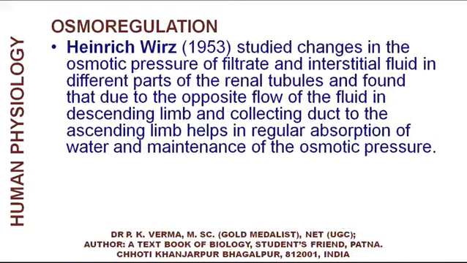Heinrich Wirth in 1953 studied changes in the osmotic pressure of filtrate and interstitial fluid in different parts of the renal tubules and found that the opposite flow of the fluid in the descending limb and collecting duct relative to the ascending limb helps in regular absorption of water and maintenance of the osmotic pressure.